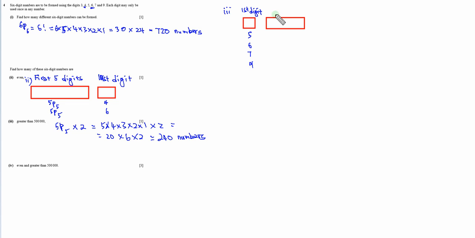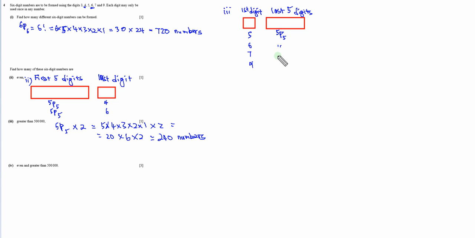Now this is the last 5 digits. If you take 1, for example, 5, put here, you're left with 5, and you have to take the remaining 5 and arrange them. Arranging the 5 in a row is actually 5P5.